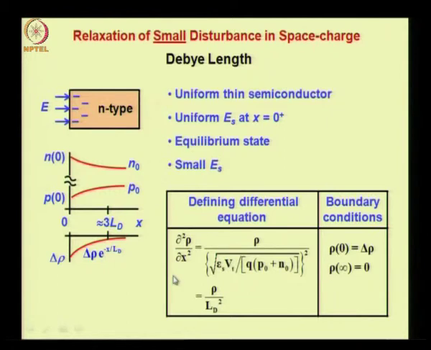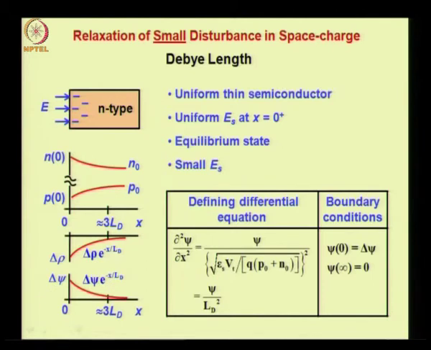You can alternately express the conditions also in terms of potential. For potential also you have a second order differential equation under these conditions, and you can introduce a Debye length even using this second order differential equation for the potential.